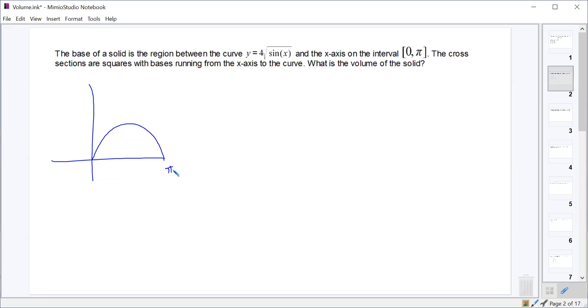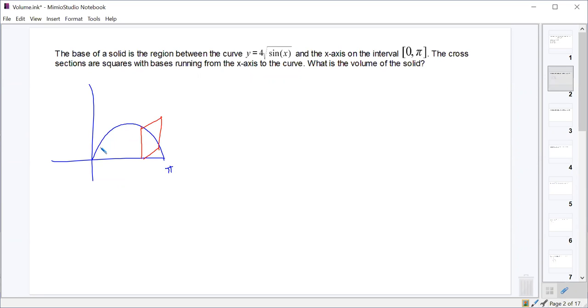And the information that we are given is that the cross sections of this are squares, and the bases of them run from the x-axis to the curve. So effectively what we've got here, that looks absolutely horrible, is a bunch of squares sticking out of this curve.